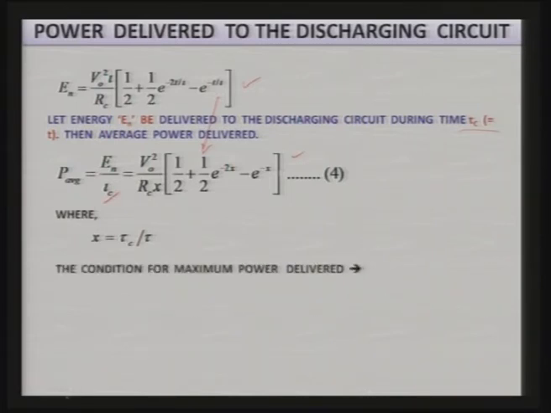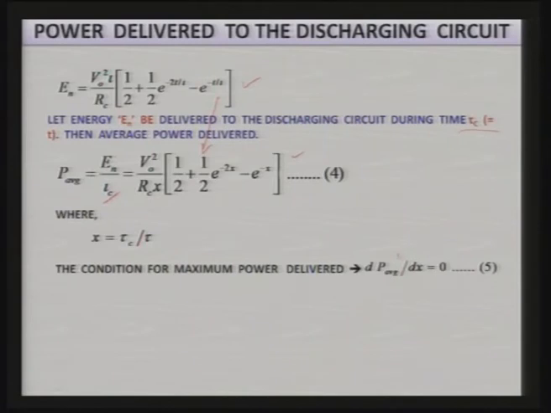Now, we can find out the condition for maximum power delivered to the discharging circuit, because we are always interested that the power delivered to the discharging circuit should be maximum, so that the spark has higher energy and you will get higher material removal rate.